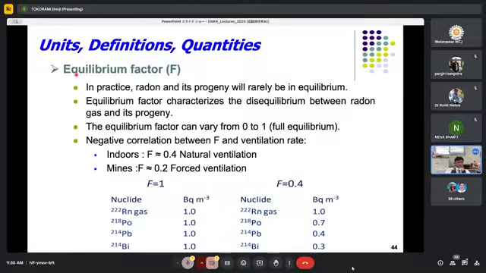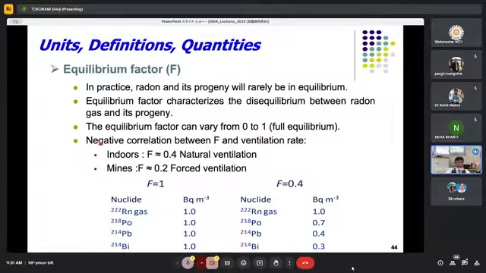Regarding equilibrium factor, in practice, radon and its progeny will rarely be in equilibrium. Equilibrium factor characterizes the disequilibrium between radon gas and its progeny. The equilibrium factor can vary from 0 to 1.